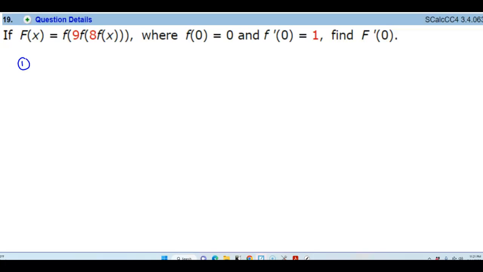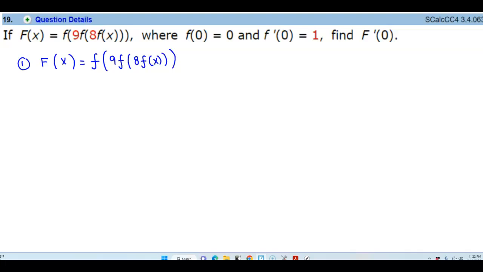Okay, so the first thing is, let's take a look at the function F. So we know that we have F of x and we know that that's going to give us f of 9, f of 8, f of x.